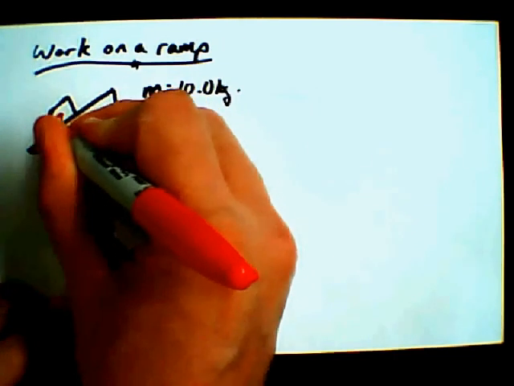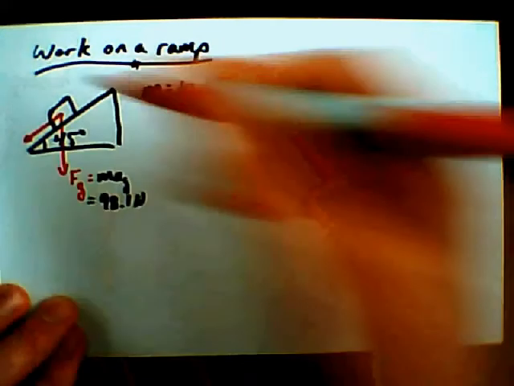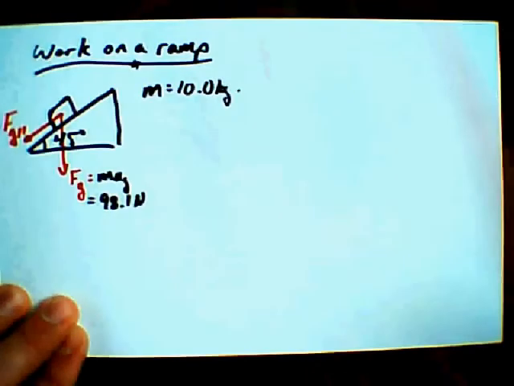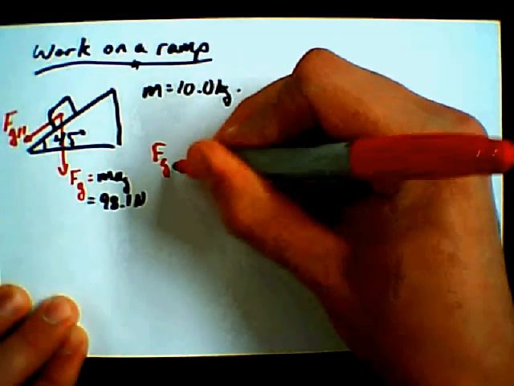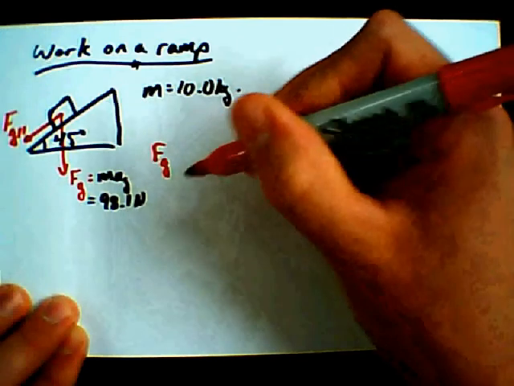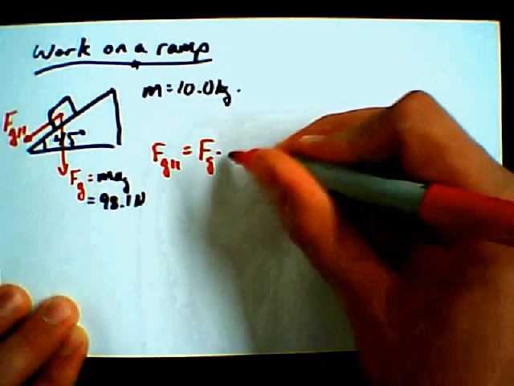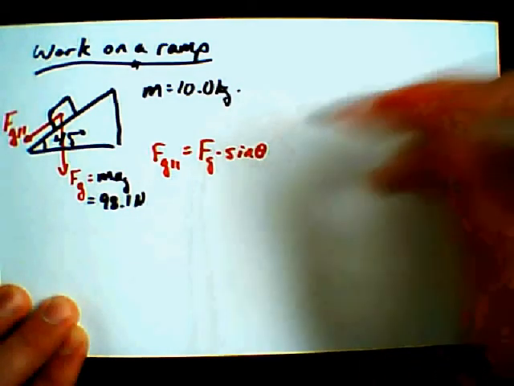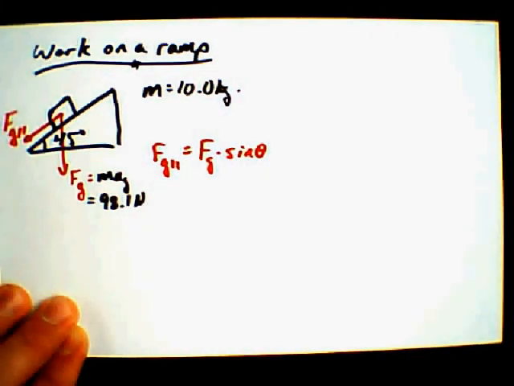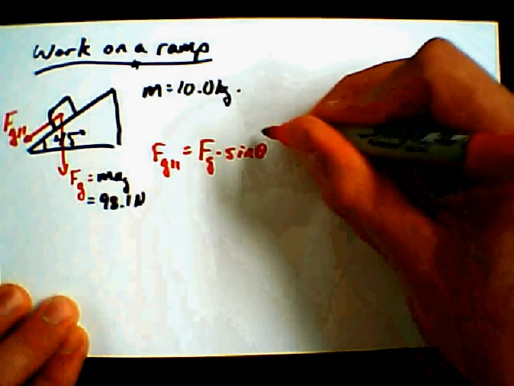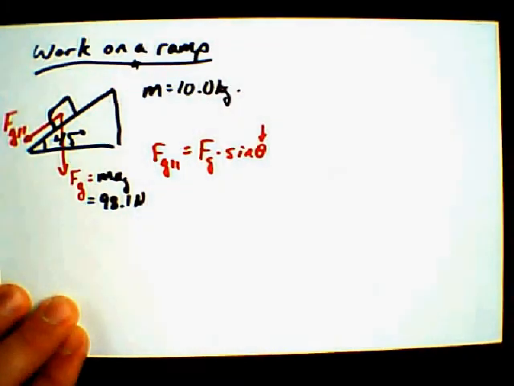Okay, so we've got an FG parallel, the component of gravity that's parallel to the surface of the ramp, equal to FG times sine of theta. And we went through a not very complicated analysis to show that this theta value would be the same angle as the angle of incline for the ramp. We used a few Z patterns and F patterns to get there.